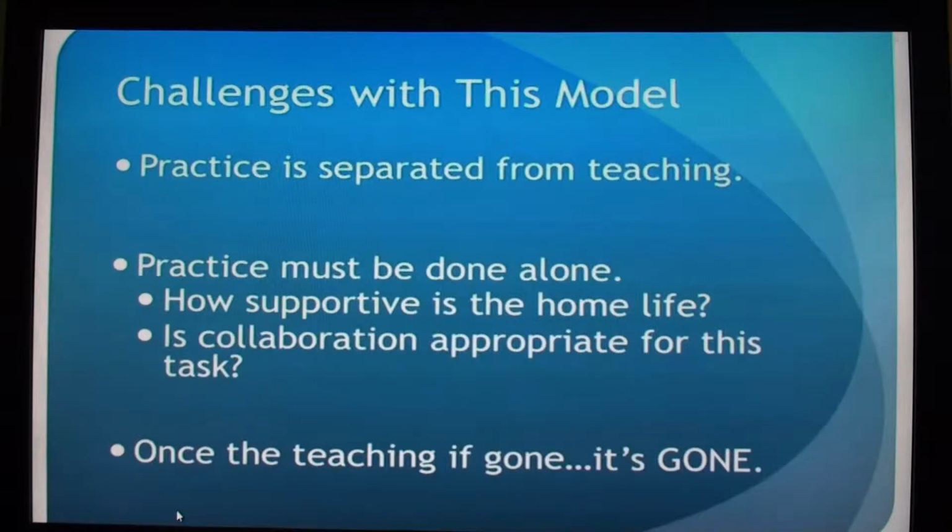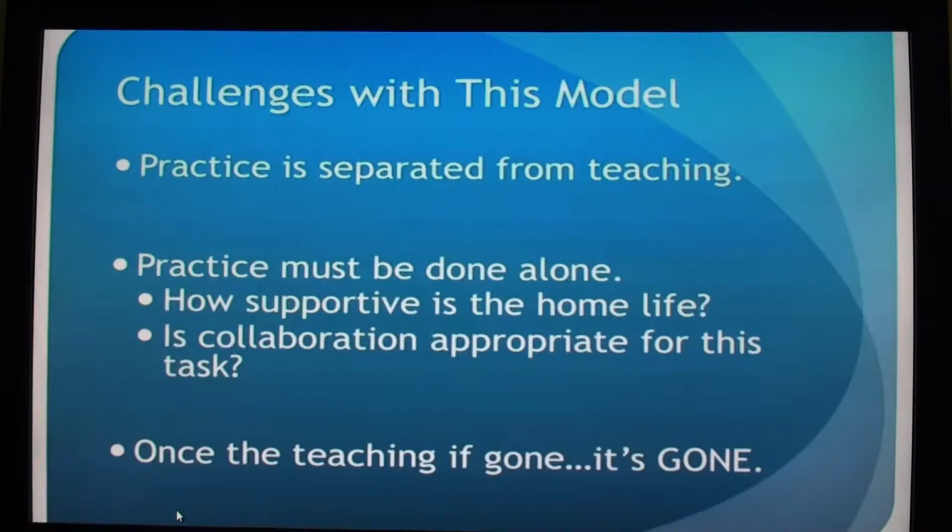If in the first hour I've shown you how to do some sort of mathematical equation and how to balance both sides of that algebra piece, it may be 6 hours later that you are asked to go back to that worksheet. For a kid who's barely hanging on, if you separate 6 hours from that initial teaching moment, that could be a problem.